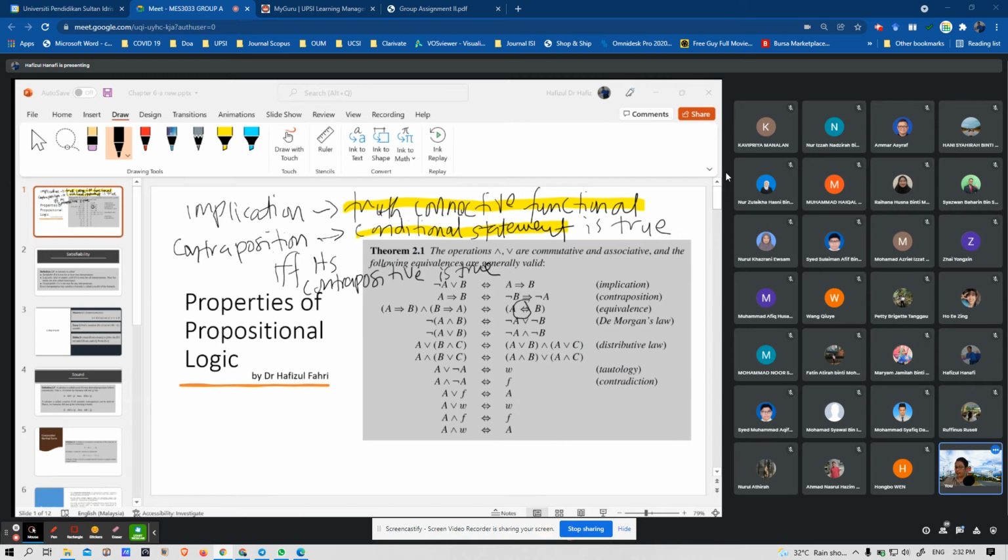And then thirdly is De Morgan's law. You have a lot of De Morgan's law applied to formal logic.